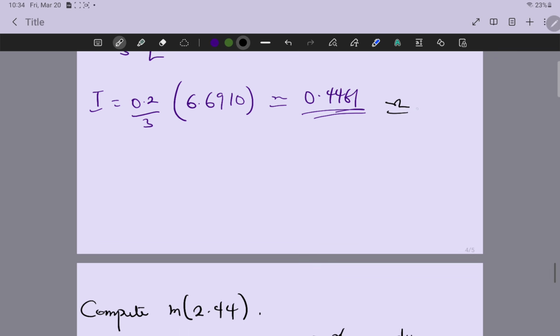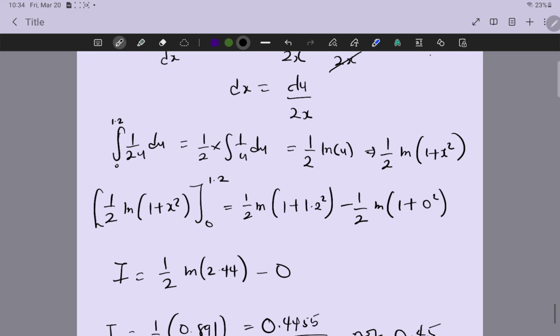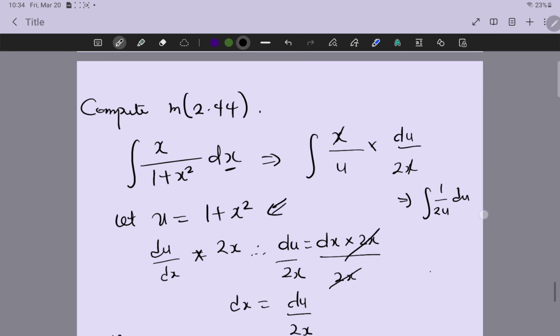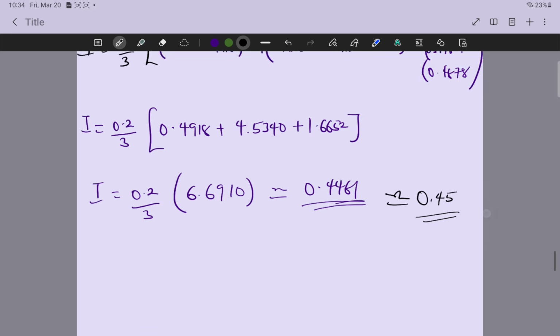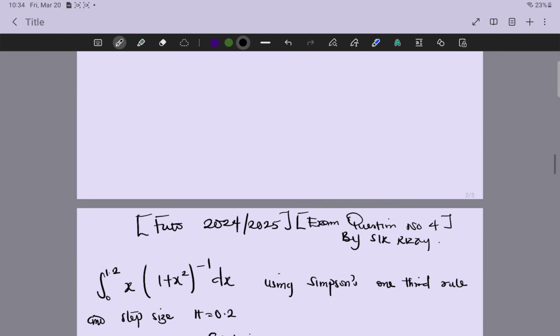This one is approximately 0.45 to 2 decimal places. This one is also approximately 0.45. So you can see that it is correct. Very interesting. So this is how to solve Maths 209 2024-2025 question number 4.